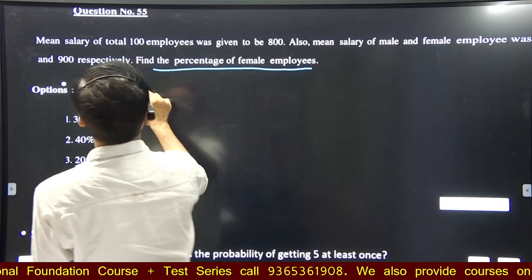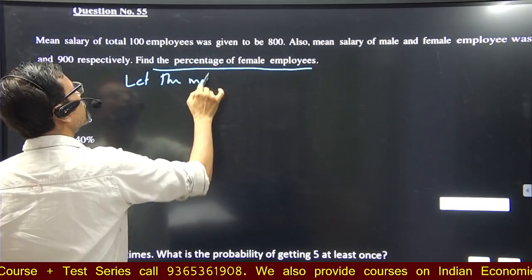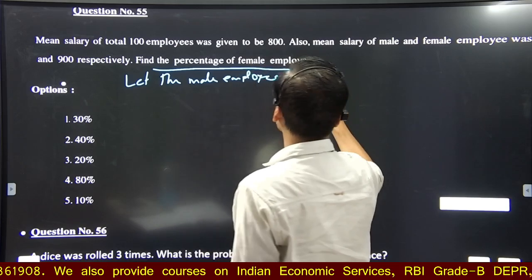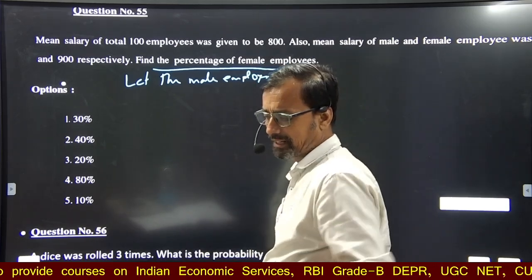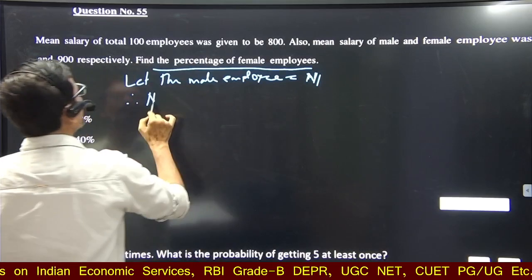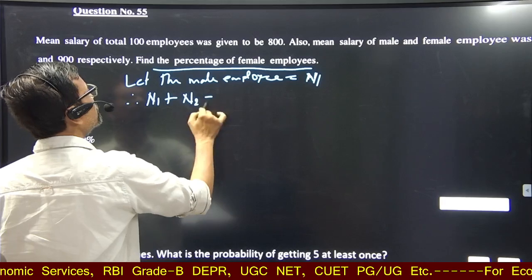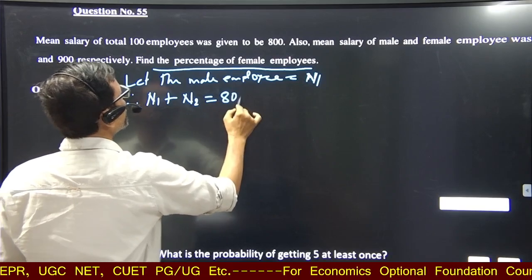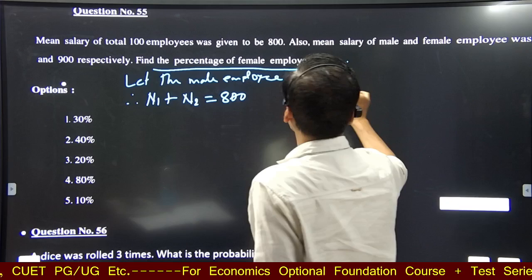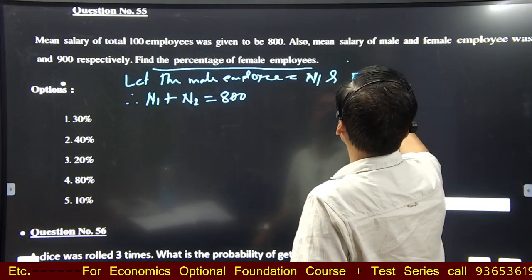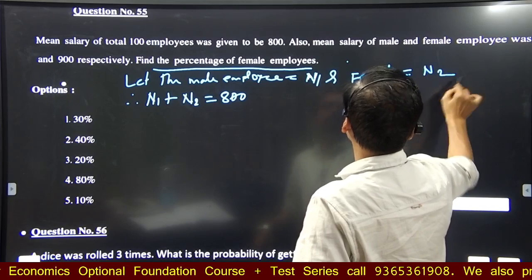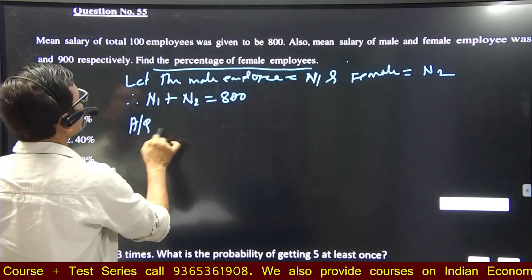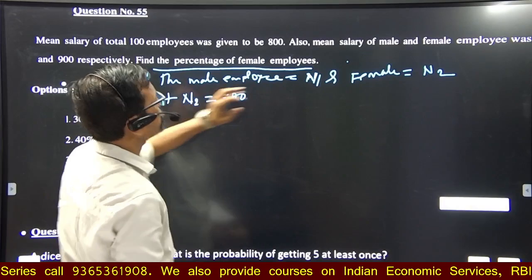Let the male employees be N1 and female employees N2. So N1 plus N2 is 100.